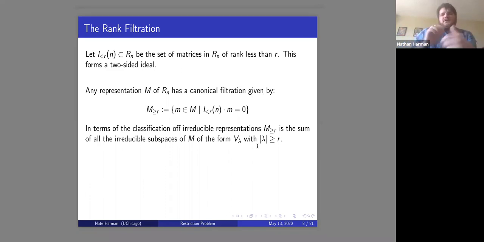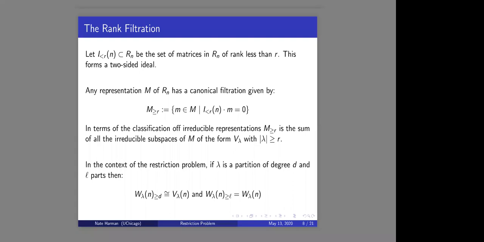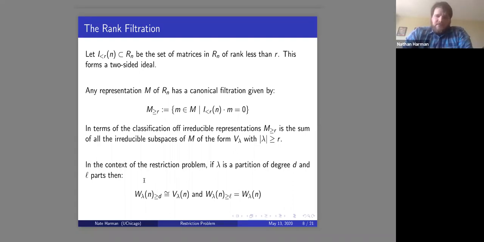But it's useful thinking of it in terms of which vectors are killed by this increasing chain of ideals, because that gives you something to grapple onto when you're talking about these restrictions. In particular, one thing you can calculate in the context of this restriction problem is that if I look at W lambda as a representation of the Rook monoid, the top term of the filtration is the irreducible representation labeled by the same partition.